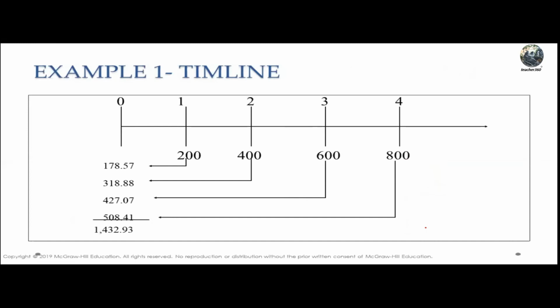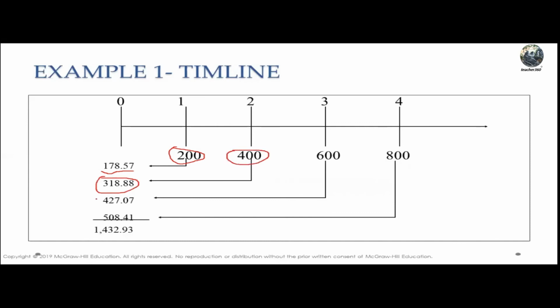The example 1 is also displayed in the timeline. So if you invest 178.57, you will receive 200 in year 1. If you invest 318.88, you will receive 400.